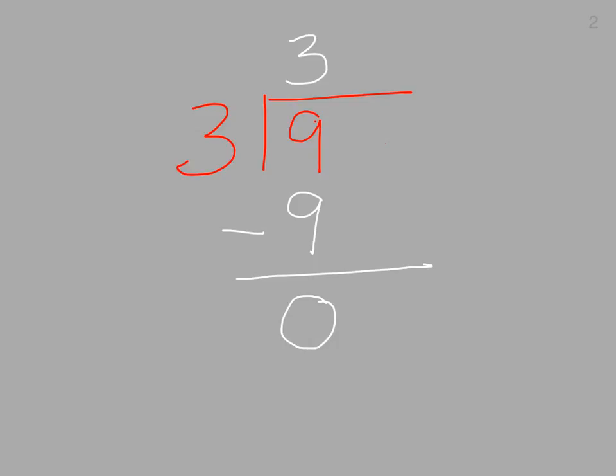Now don't forget though, we still had this 6 here. So what do I do with that? Well, I can't go 3 into 0 because the 0 is smaller than the 3. So I need to bring the 6 down.